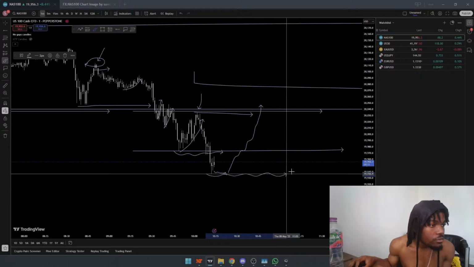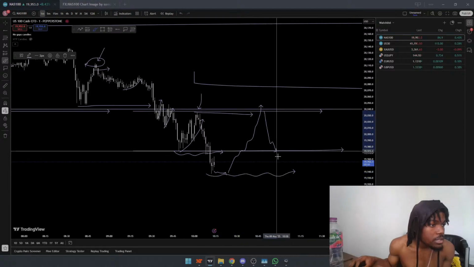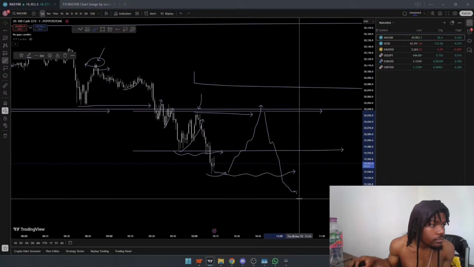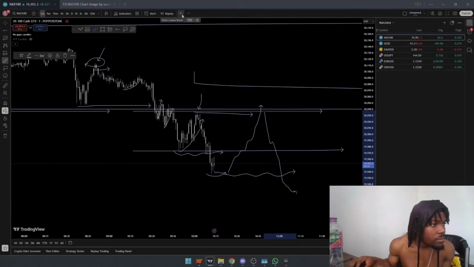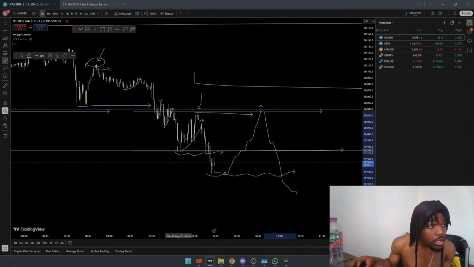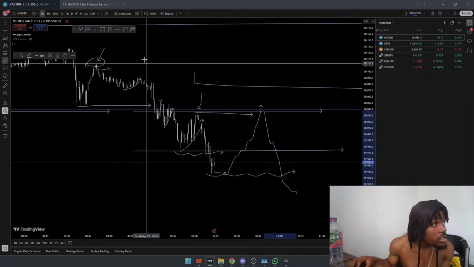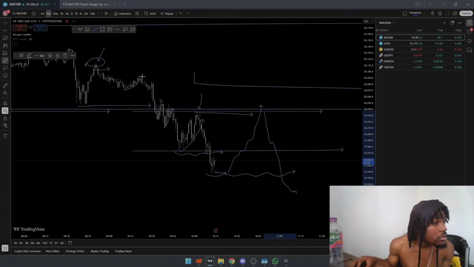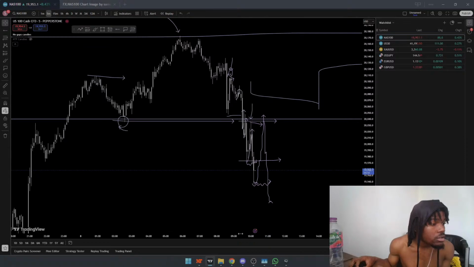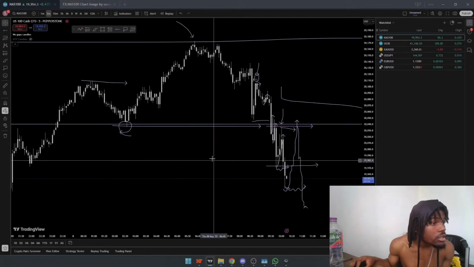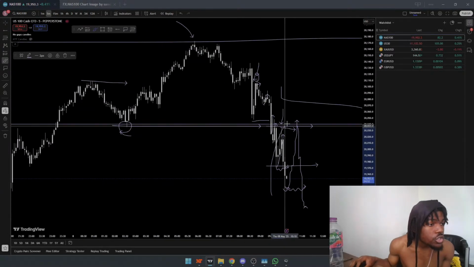But understand that reversal is made to be liquidated. If you're looking for the market conditions to shift from a trend to a range, then that is what you're looking for.